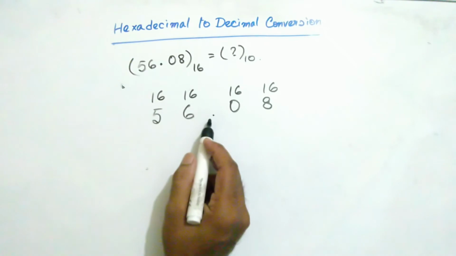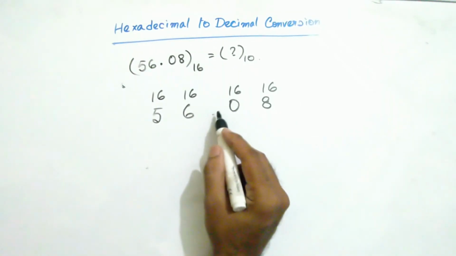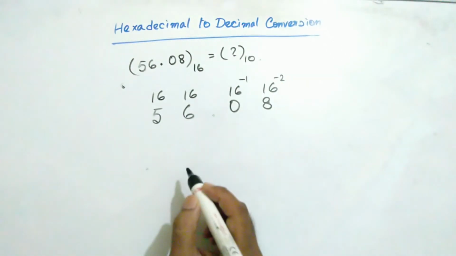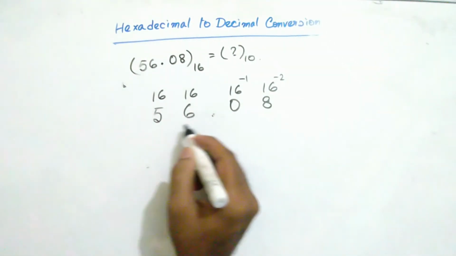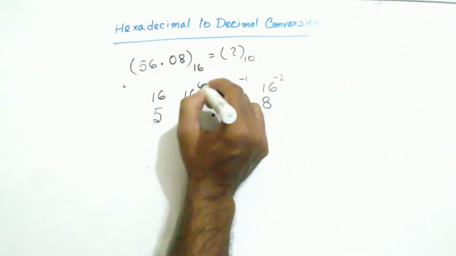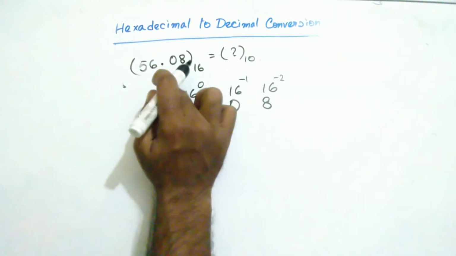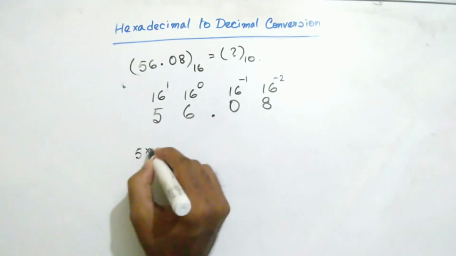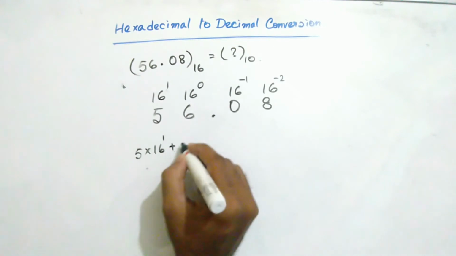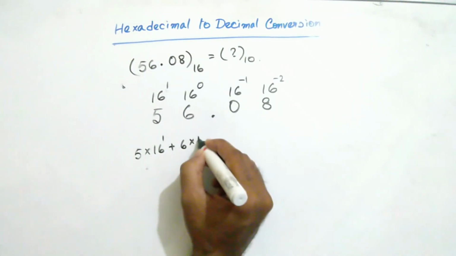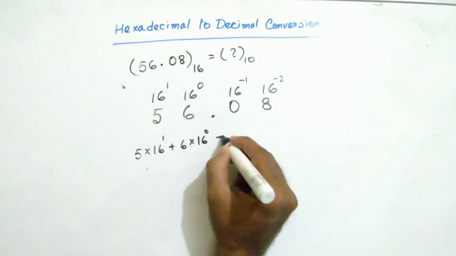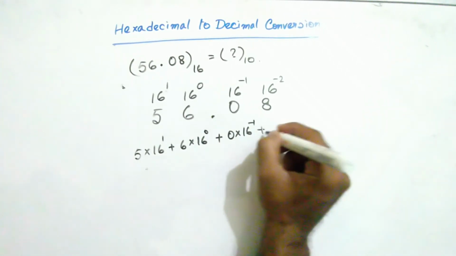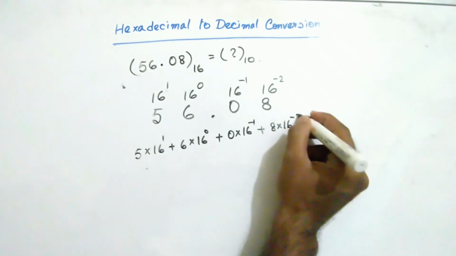After the hexadecimal point we have the weightages -1 and -2, that is 16 to the power -1 and 16 to the power -2, and to the left of the hexadecimal point we have positive weightages, 16 to the power 0 and 16 to the power 1. Now we are going to multiply the digits with their positional weightages, and finally sum together to get the decimal equivalent of the given hexadecimal number.